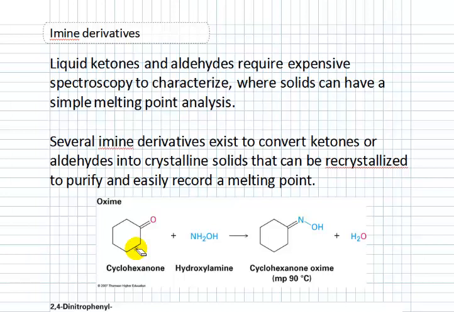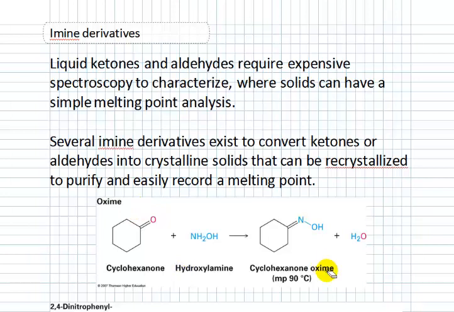This was before IR and NMR and things like that. So if I made a solid product, we can recrystallize it to purify it very easily. Then we can take a melting point. We've done that a million times in lab already. So to make a liquid product into a crystalline solid, which can be recrystallized, purified, and have a melting point measured, we can make an imine out of it.